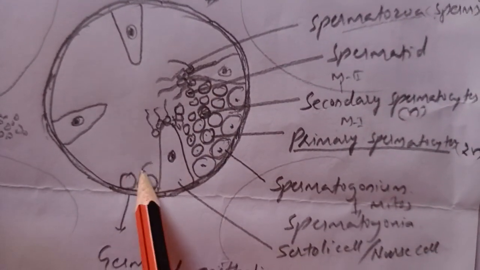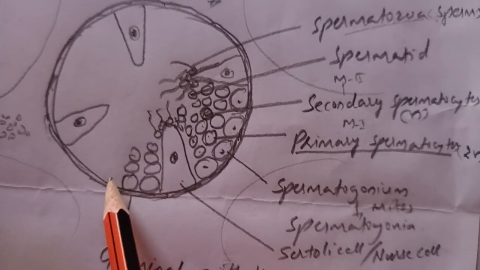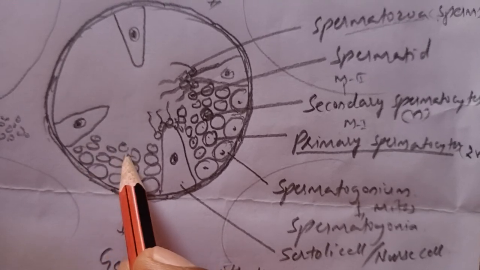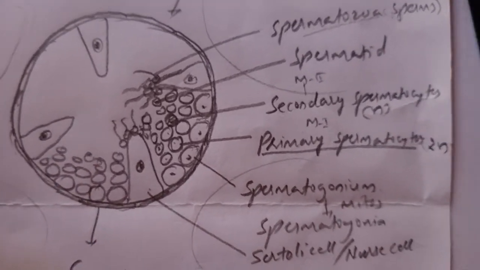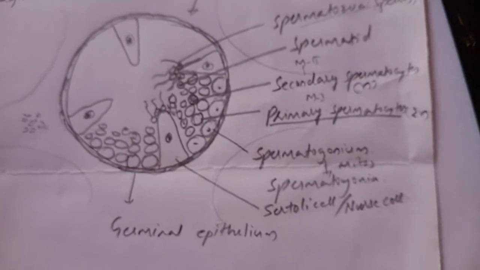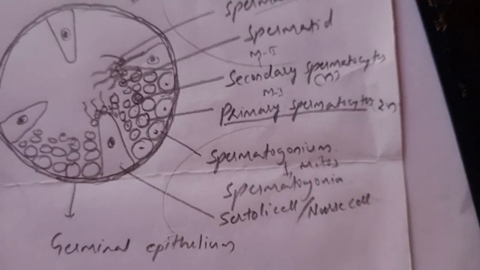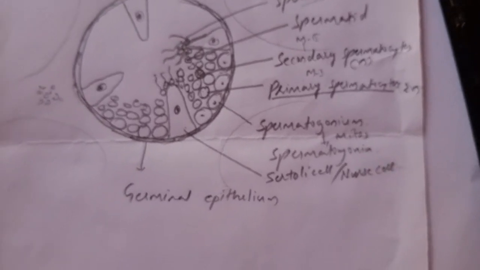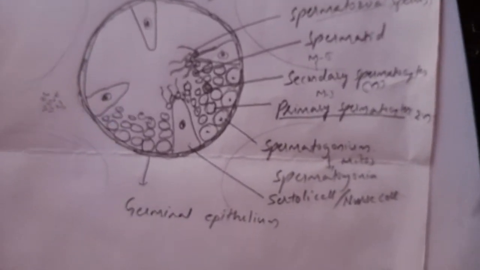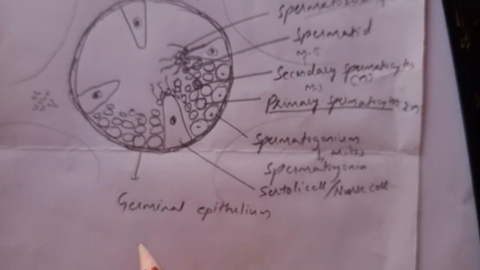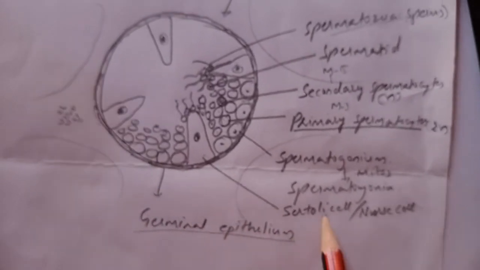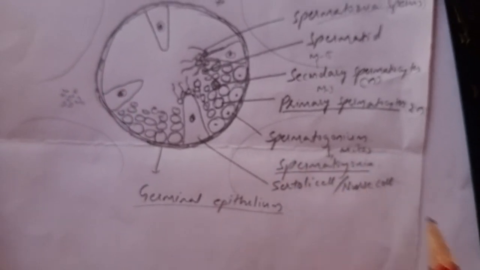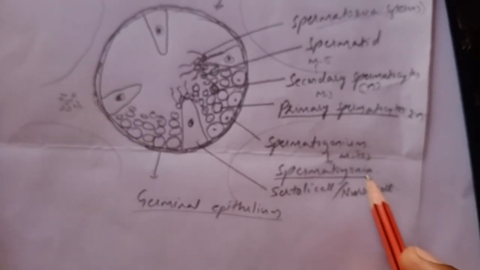In this way you can draw the remaining diagram. This is the structure we observed here. You can see these are Sertoli cells, and these are the germinal epithelial cells, which produce the spermatogonium, meaning many spermatogonia.